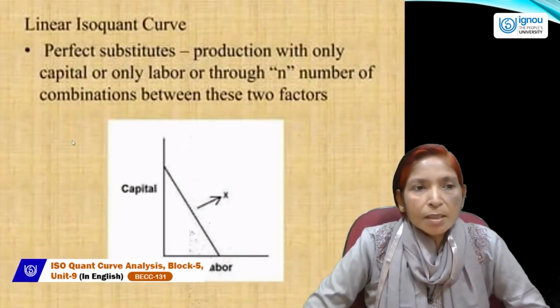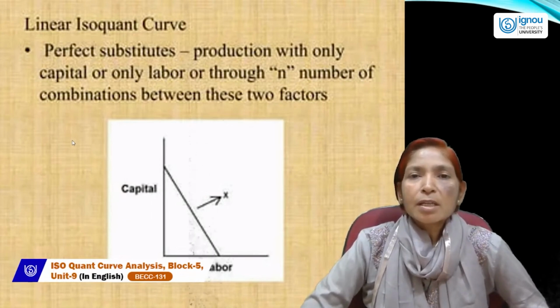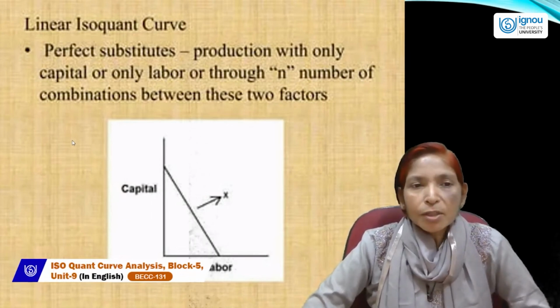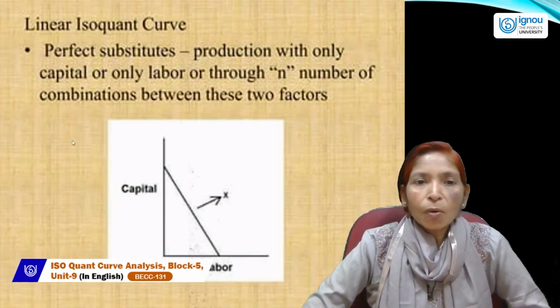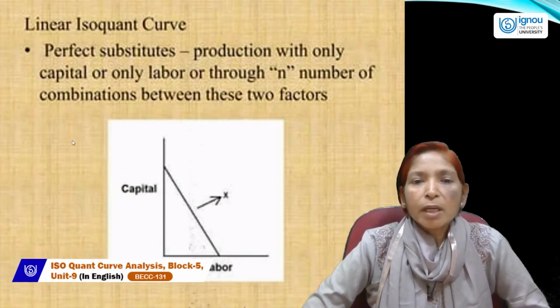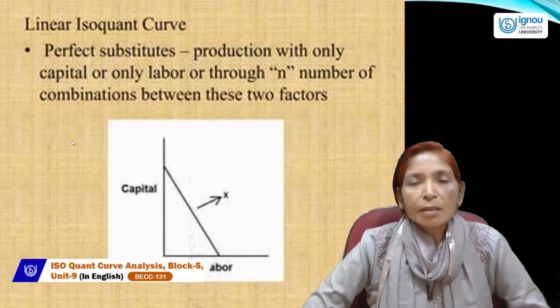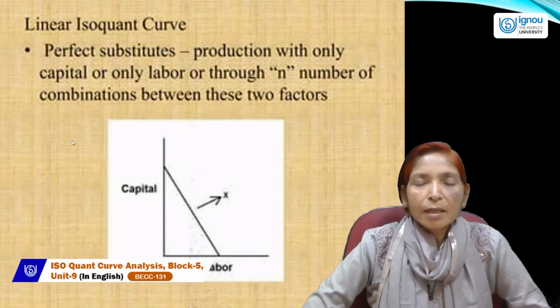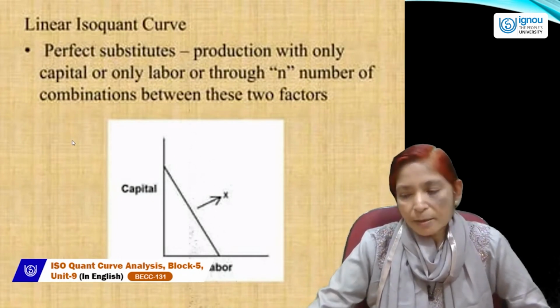Linear isoquant curve we can draw only in case of perfect substitutes. If production is with only capital or only labor, or through n numbers of combinations between these two factors, then the isoquant curve will be a straight line and it can touch either the x-axis or y-axis.